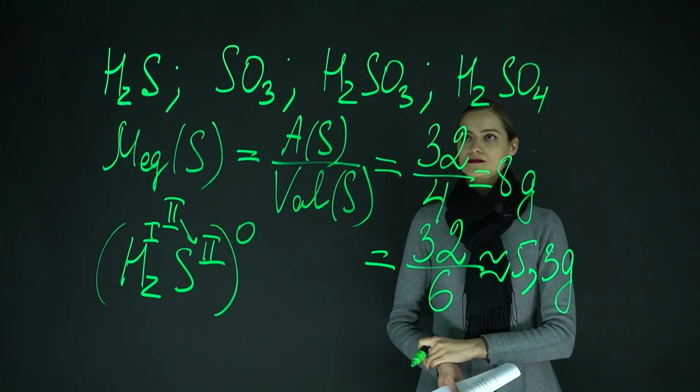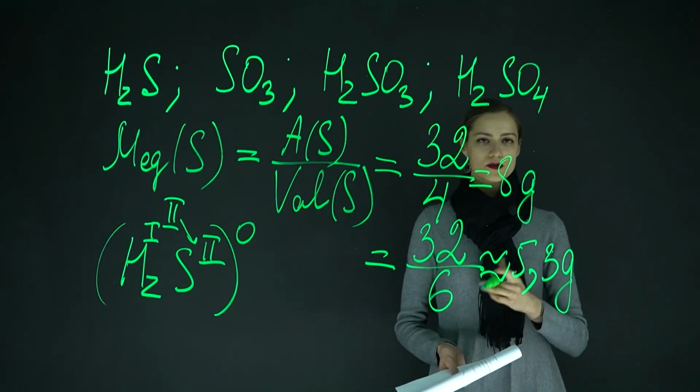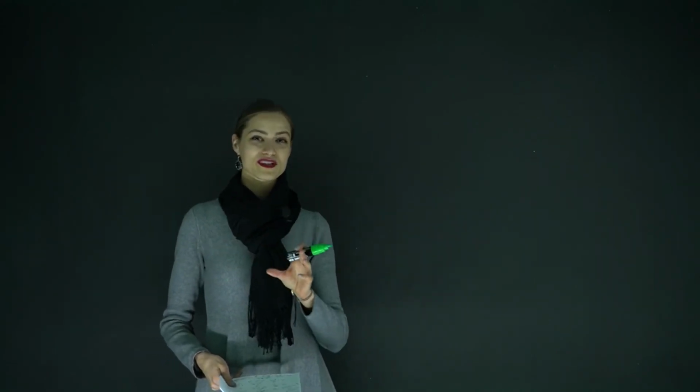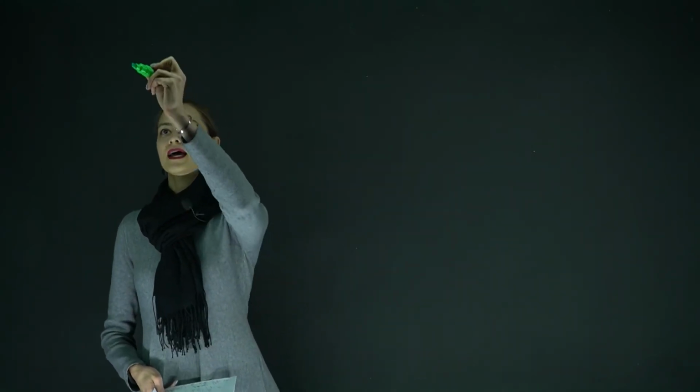Now let's see examples of complicated substances, and let's calculate equivalent mass for the whole substance, taking examples for classes of substances. Firstly, let's calculate equivalent mass for a hydroxide. Let's take sodium hydroxide, an alkali.